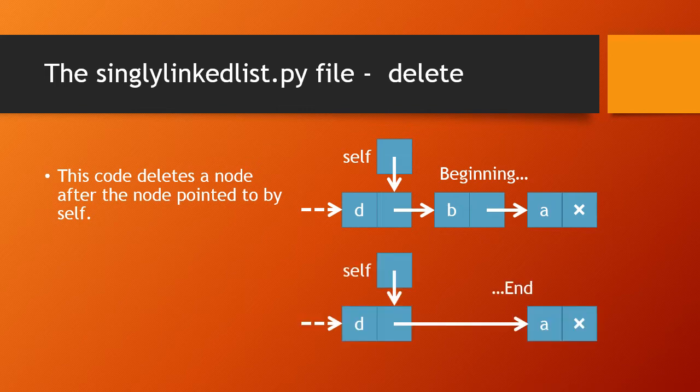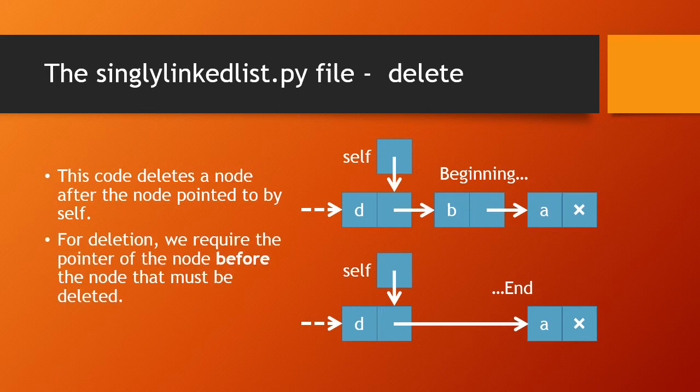And then in the end, what we deleted was not the node containing D, but the node containing B. So this means that for deletion, we require the pointer to the node before the node that must be deleted. If we want to delete, we must have a pointer to the node before the node that needs to be deleted. Do keep that in mind.